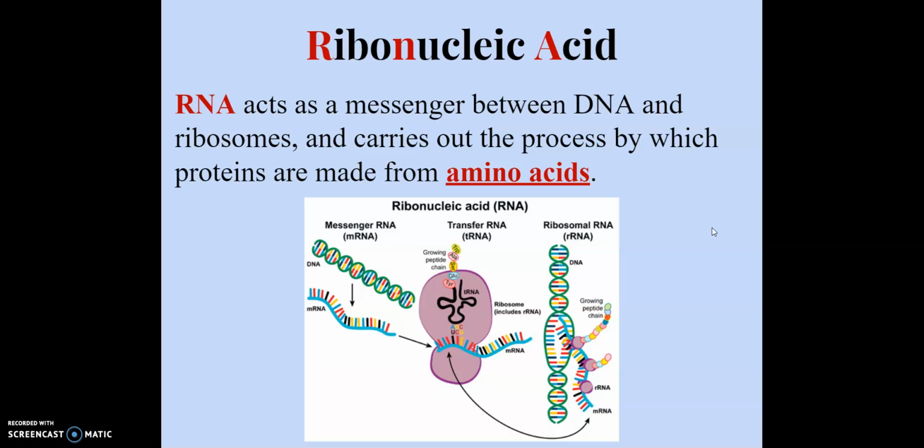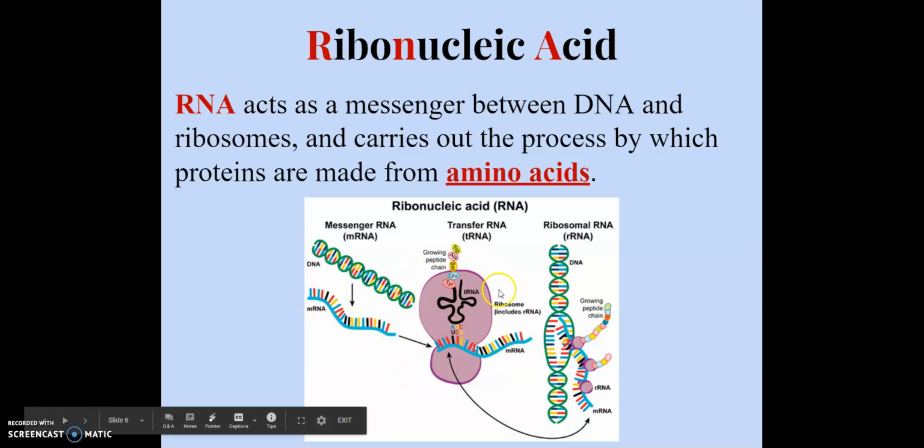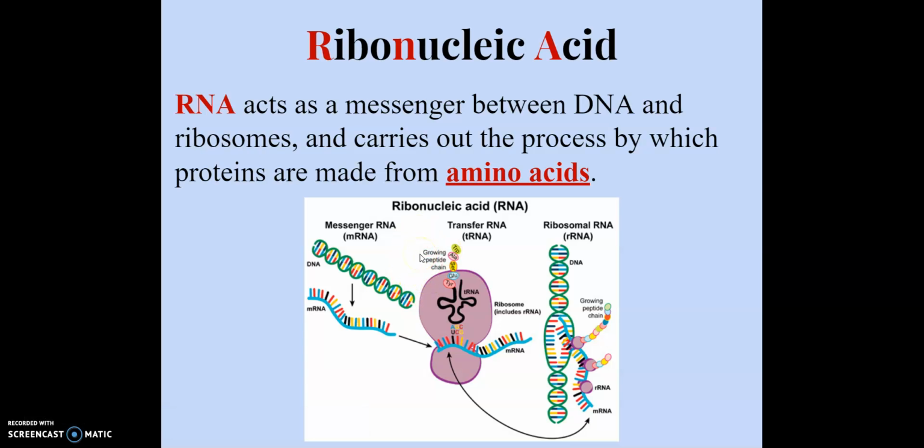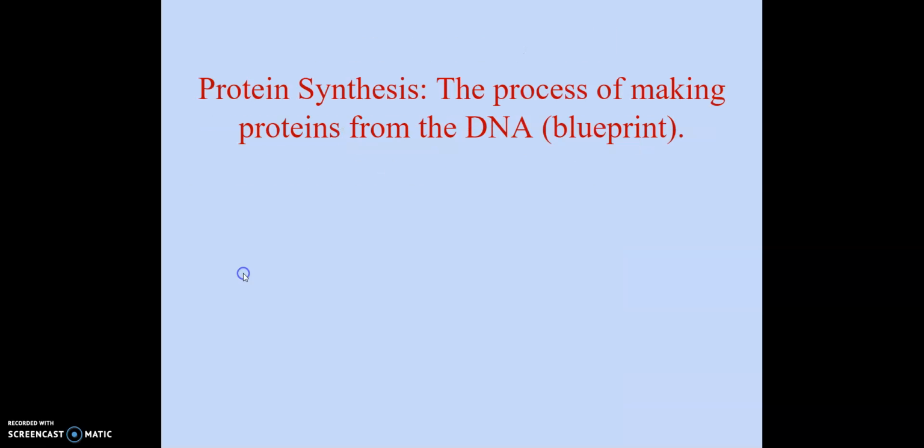So it's going to be that little messenger of the code from the DNA, because the DNA is stuck in the nucleus, and it's going to take that code and travel to a ribosome in order to make the protein. What's interesting is there are a lot of different RNAs, which we're going to learn about today. Not just the one that's a messenger is an RNA, but the actual ribosome is an RNA, and the transfer RNA is an RNA. So we're going to talk about the different types.